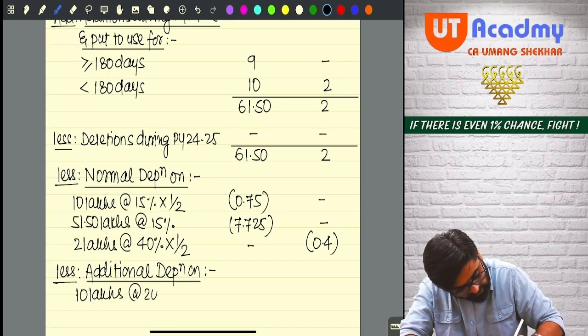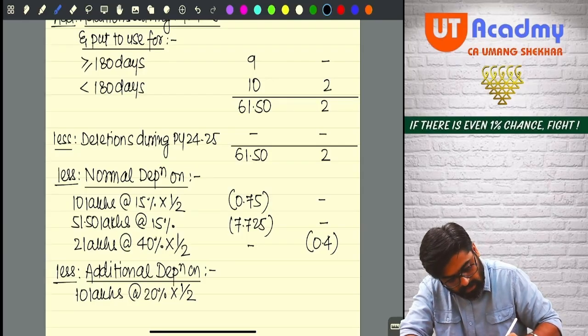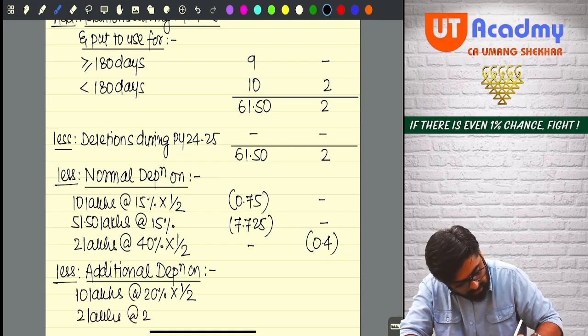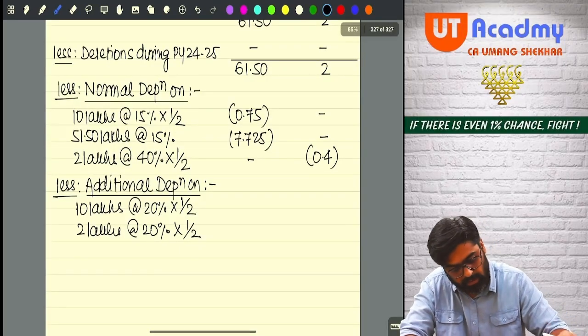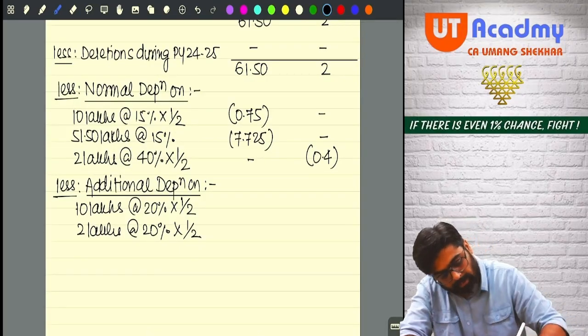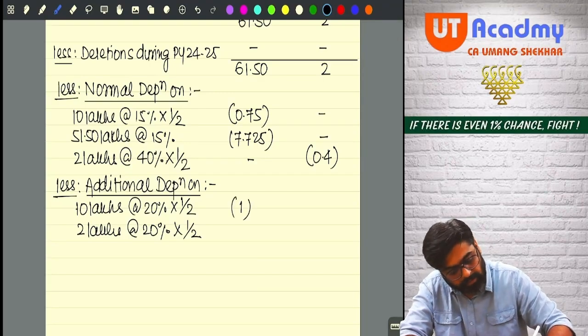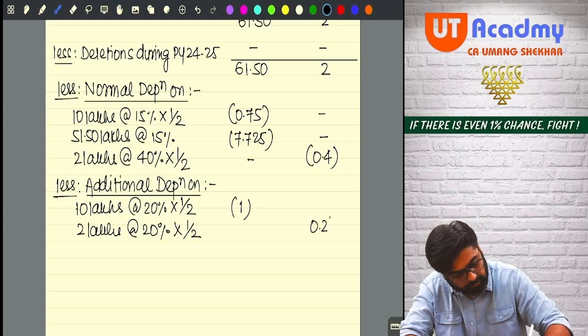will be at the rate of 20%. No, it will be half because this was used for less than 180 days. And on 2 lakh rupees of computer, it will be at 20%. No, this will also become half because the computer was also used for less than 180 days. Okay, no? So 10 lakh into 10% will be 1 lakh. And 2 lakh into 10% will be 0.2.